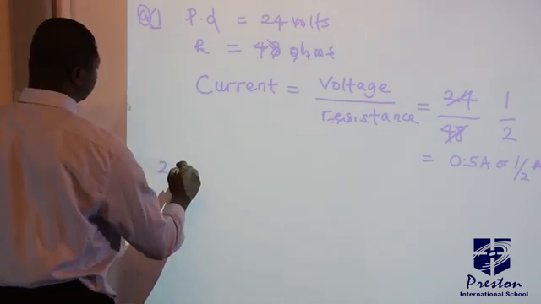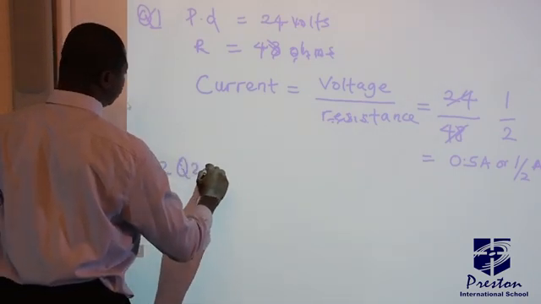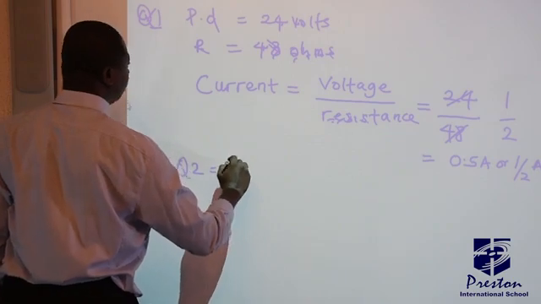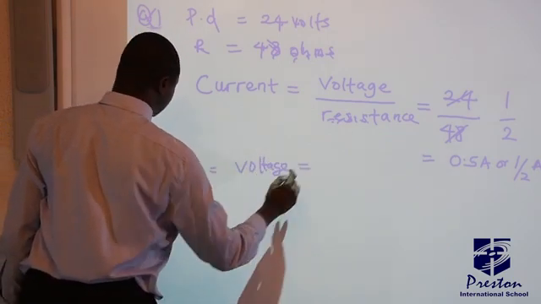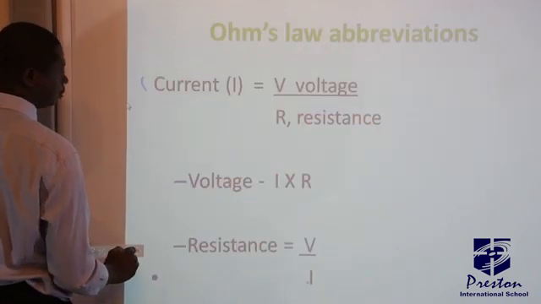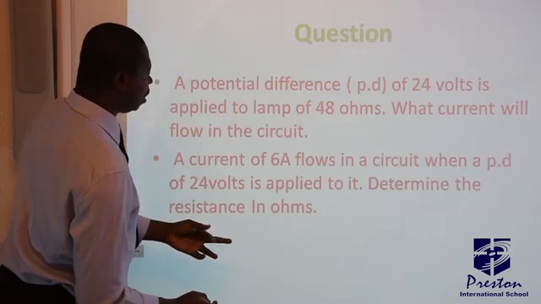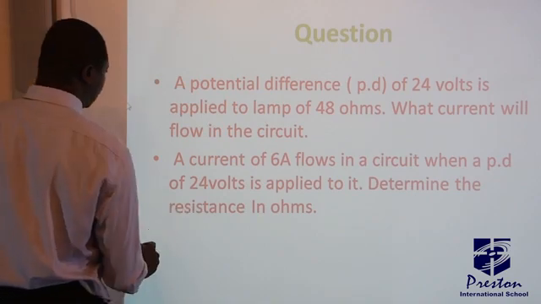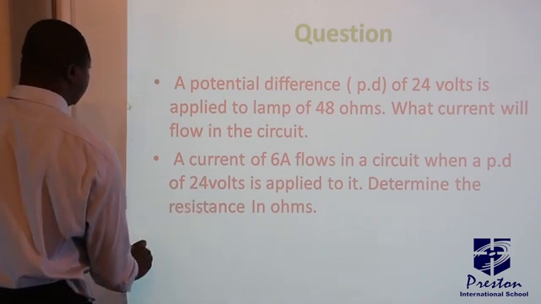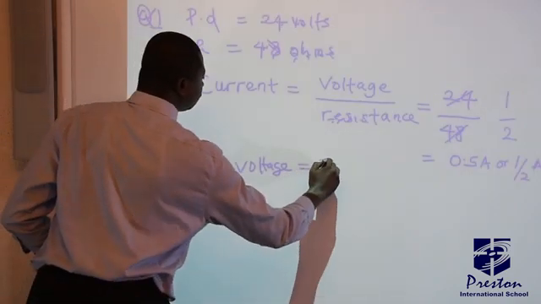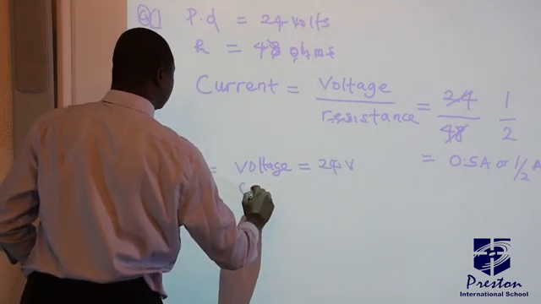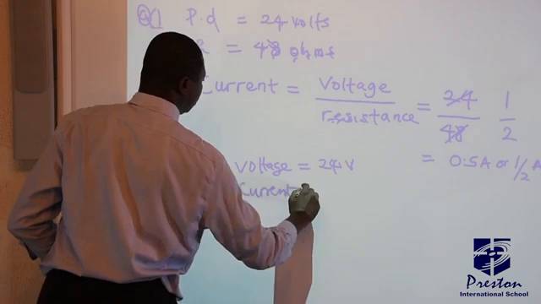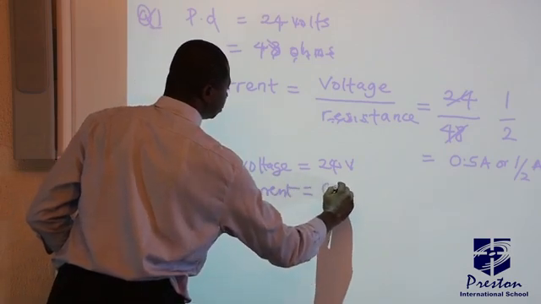So let's go to question 2. We're given that the voltage is 24 volts and the current is 6 amp.